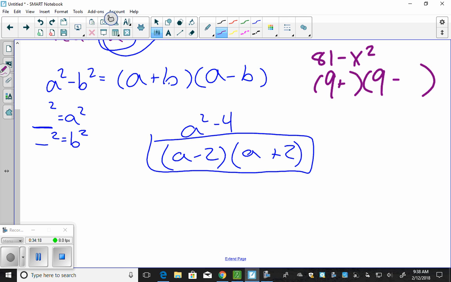What letter do I square to get x squared? X goes in back. If they give you a problem that looks like this, rewrite it to where the negative is in back. That's the only way this works, is if the negative is in back. So you rewrite it as 81 minus x squared.